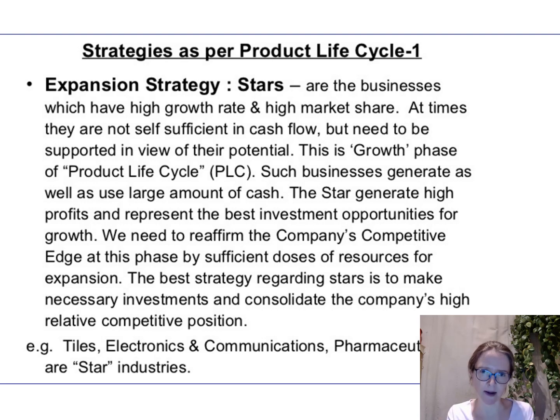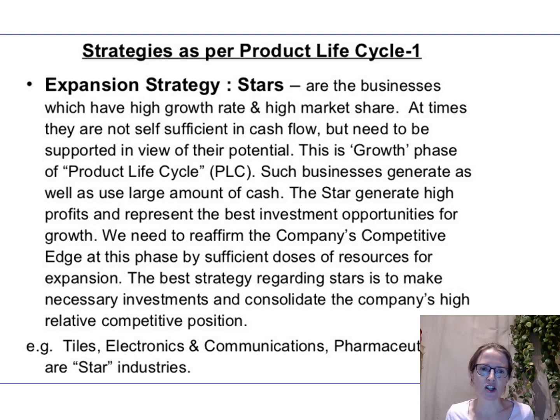So we looked at a minute ago in the Boston Consulting Group matrix, this area of stars. Stars are the businesses which have both high growth rate and high market share. At times, they are not self-sufficient in cash flow, but need to be supported in view of their potential. So this is what we would call the growth phase of a product life cycle, or PLC.